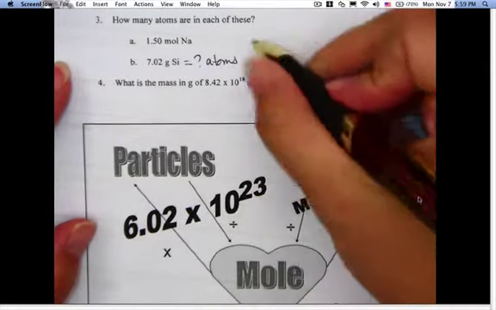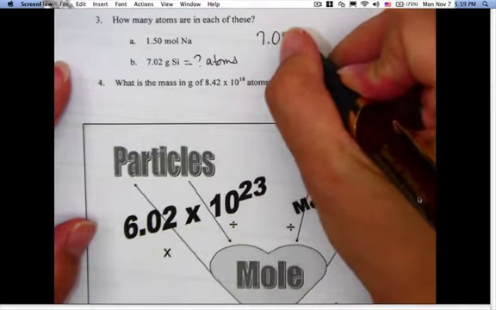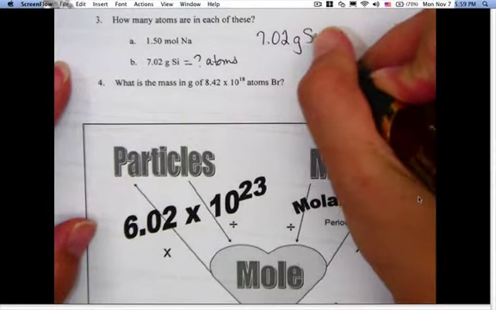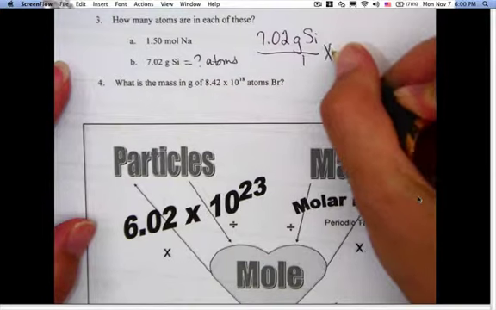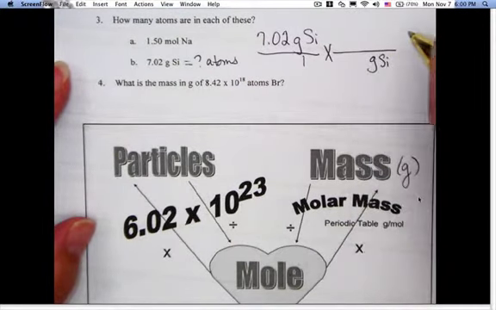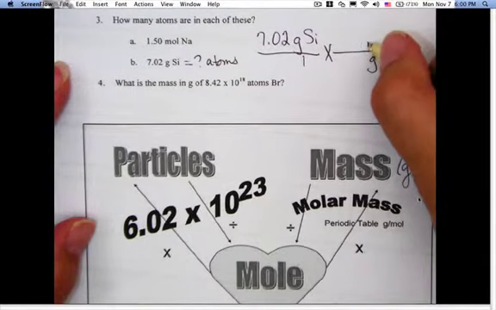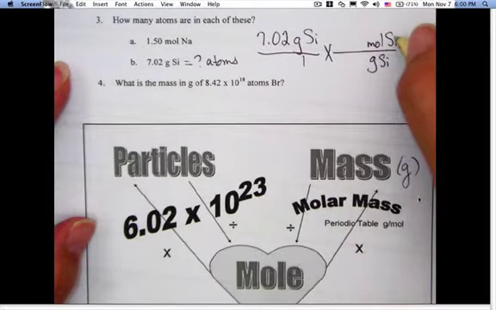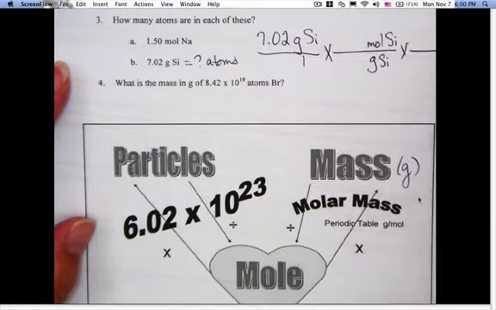So set up your fence post, 7.02 grams of silicon over 1. I need grams to cancel, so I put grams of silicon on the bottom. I need to change it into moles first, so moles of silicon on top. Now I need moles on the bottom, so moles of silicon will cancel.